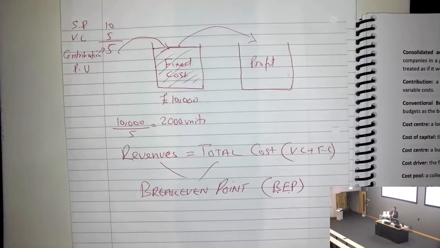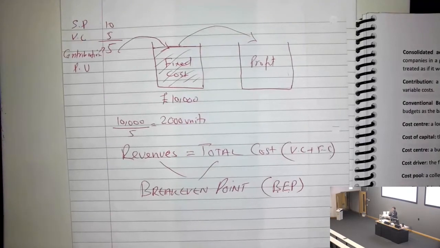So we need to know how much we need to sell in a month to meet our costs, and also how many units of products or services we need to sell to achieve that level. So that's our baseline that we need to meet our total cost. We need to reach the break-even point. After that, whatever you sell, you're making a profit.